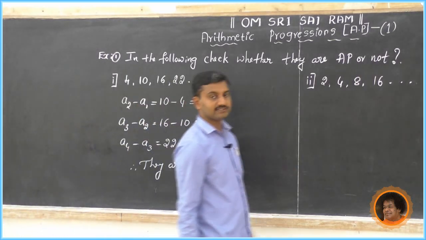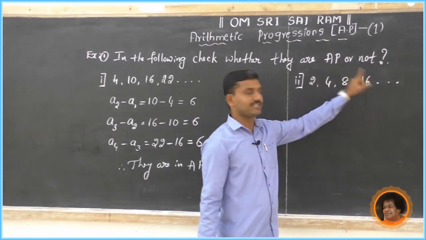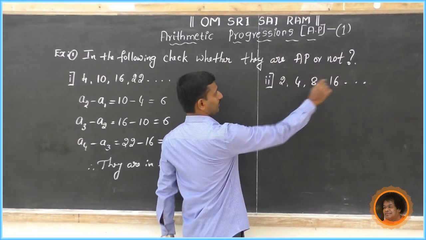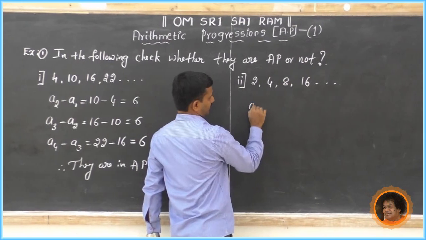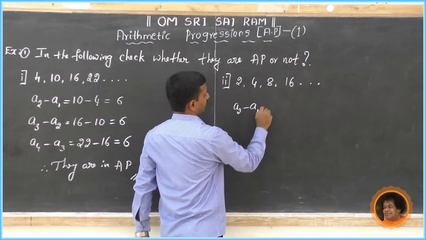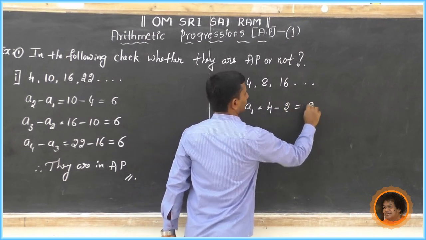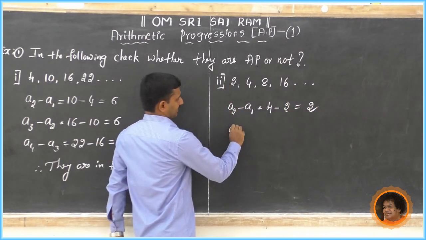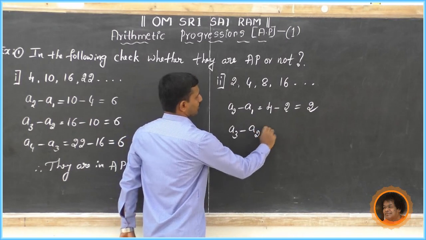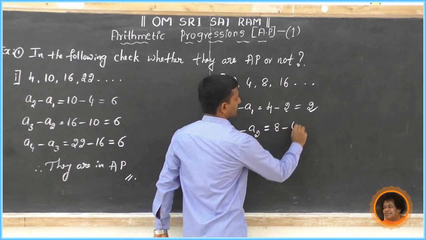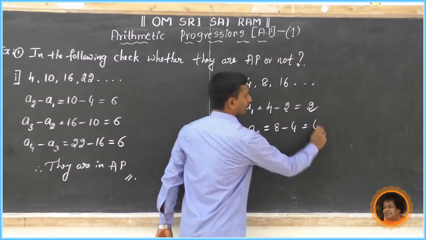So the second example: 2, 4, 8, 16, and so on. Now find the difference between two consecutive terms. A2 minus A1: 4 minus 2 equals 2. Next, A3 minus A2: 8 minus 4 equals 4.